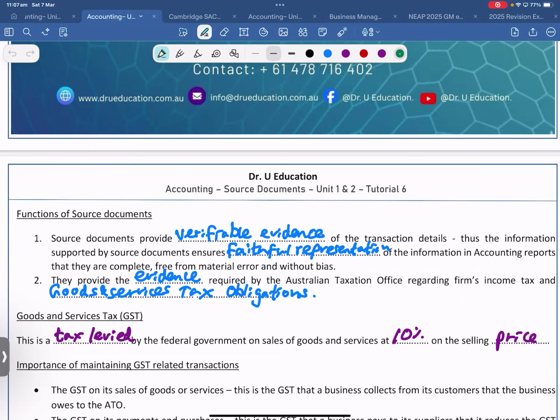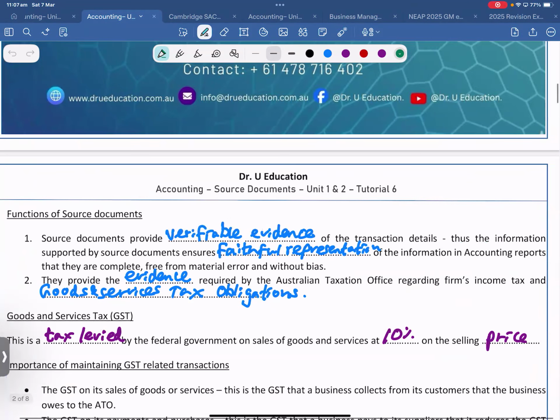Okay. So what are source documents? As I said, they provide evidence for the transactions. Information supported by source documents ensures faithful representation, right? So what is faithful representation? Do you remember the definition? Like a representation that doesn't defame.